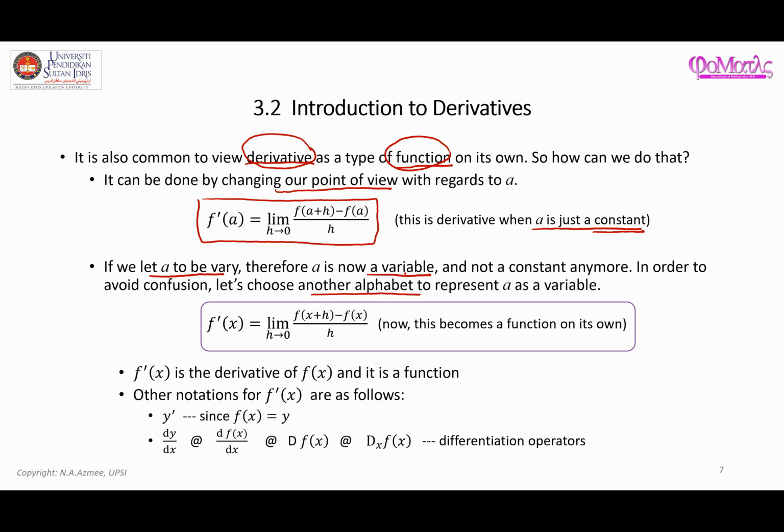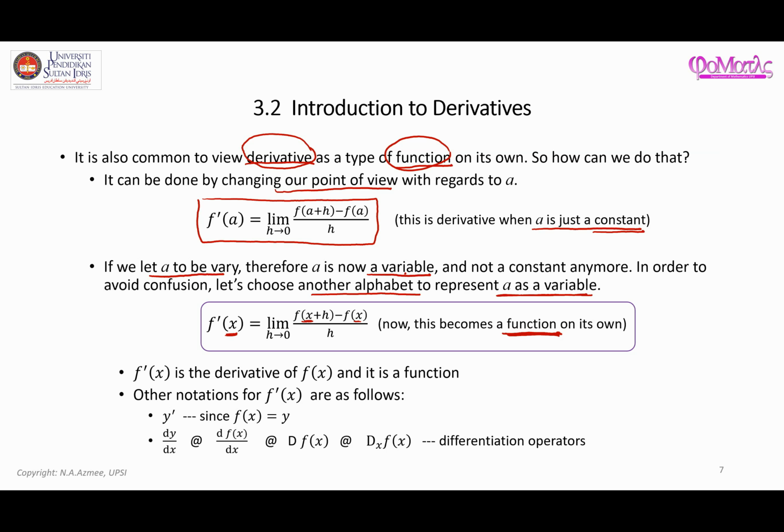So now we are going to choose another alphabet to represent the fact that it is not a constant anymore. So we choose, for example, variable x. So x here will replace the position of a, and by doing this we have changed the view where the derivative now is considered as a function.